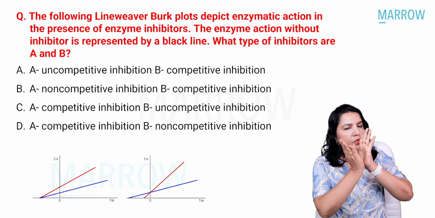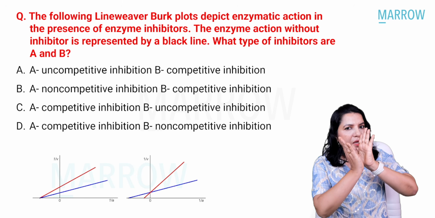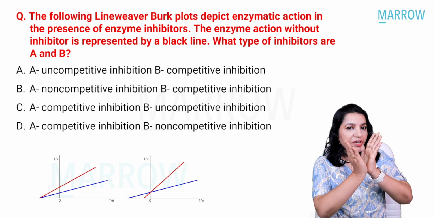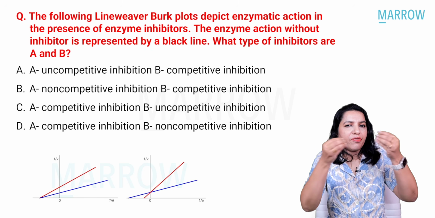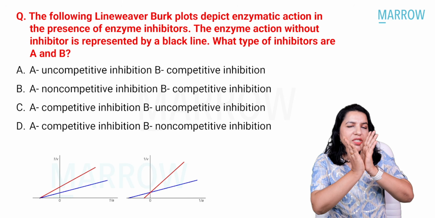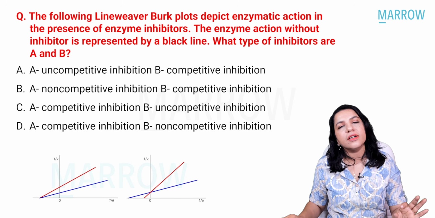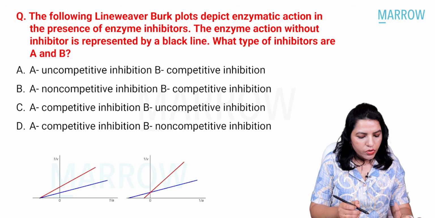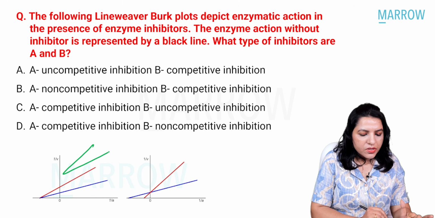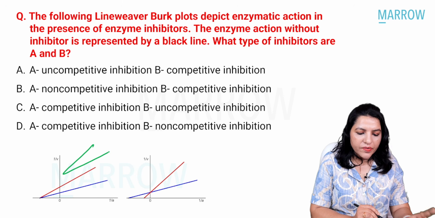If the two lines are looking like a V, which means that there is no competition, it's a friendly match or something like that. So this V shape itself says that it is a non-competitive inhibition. The first one you can see has the shape of a V. So it is a non-competitive inhibition.